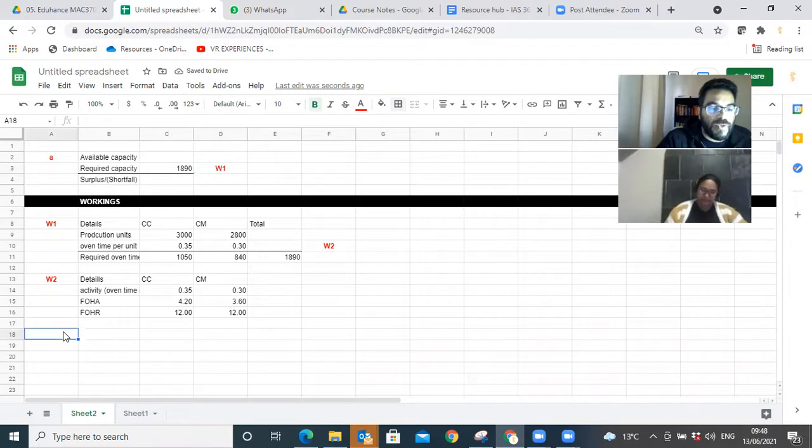Now for working 3, we must work out available capacity. So remember, we have 10 ovens. You can work it out however makes sense to you.